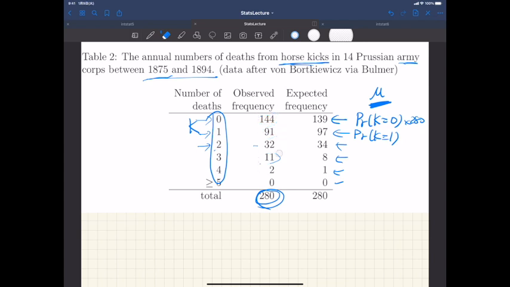If you compare these predicted numbers with the actual numbers, you will find they are quite similar, right? Of course, there are some differences.